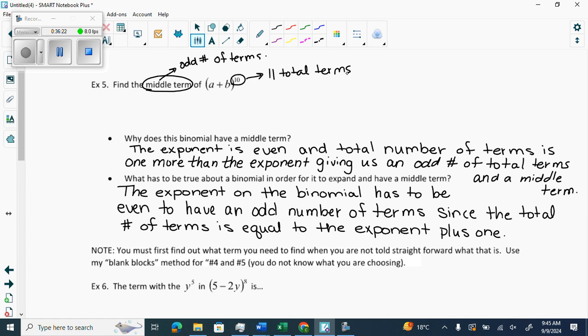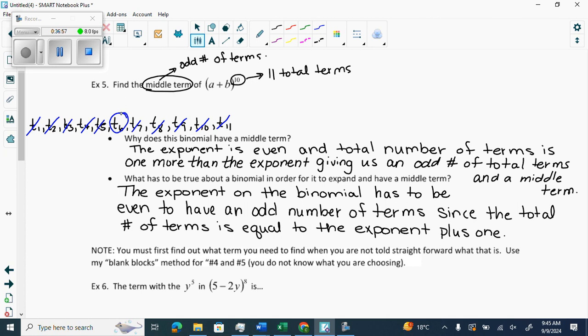I will go term 1, term 2, term 3, term 4, term 5, term 6, term 7, term 8, term 9, term 10, term 11, and then I will literally slash them off. Oh, term 6. You know what I mean? You can physically draw them all out and cross some off. So when they ask for the middle term of this one, they're indirectly asking you for term 6.